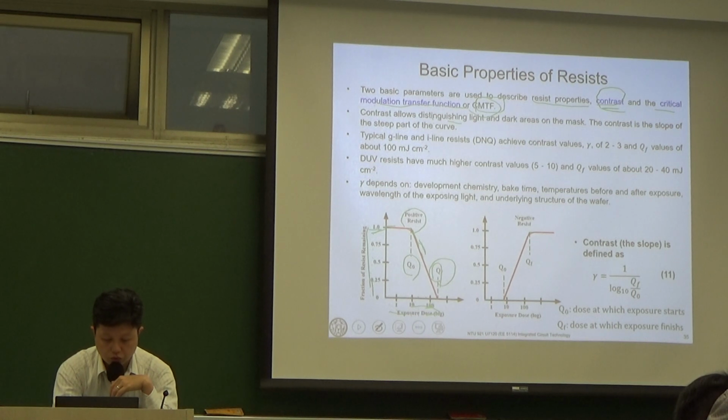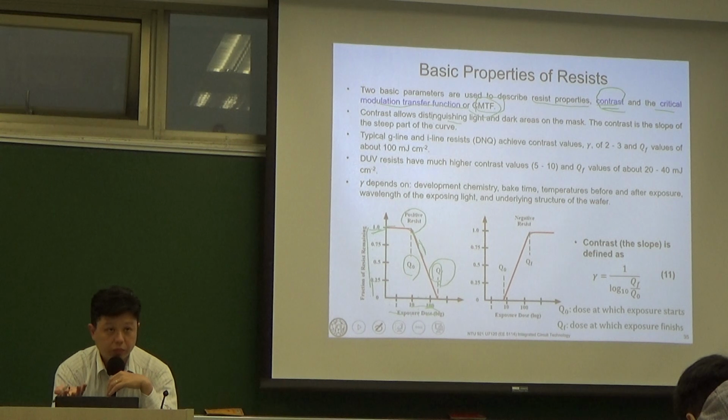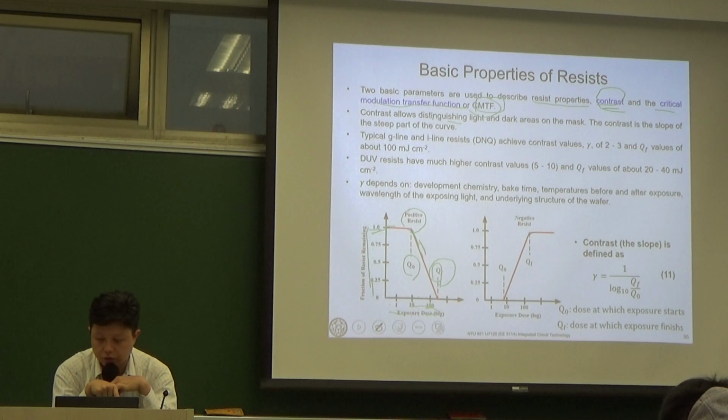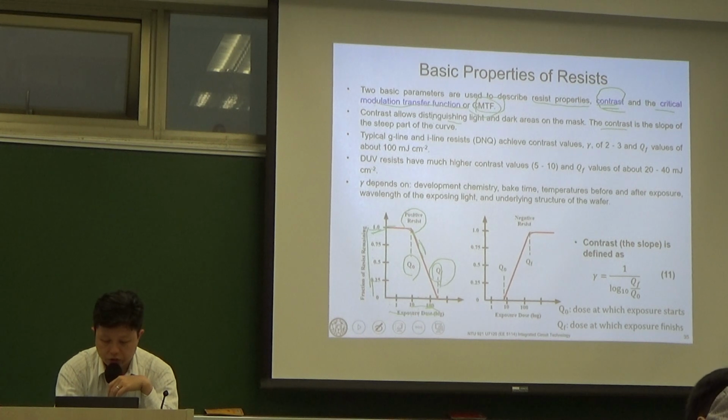So now we can draw this line Q0 and QF. QF means you have to provide this exposure dose so you can fully develop your resist, or fully expose your resist. Okay, so the contrast will be this slope.